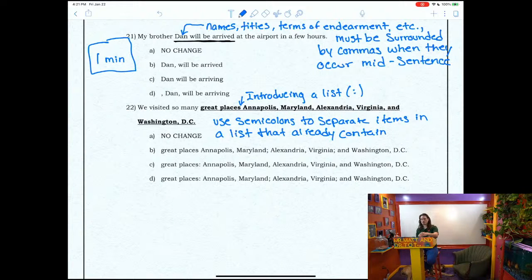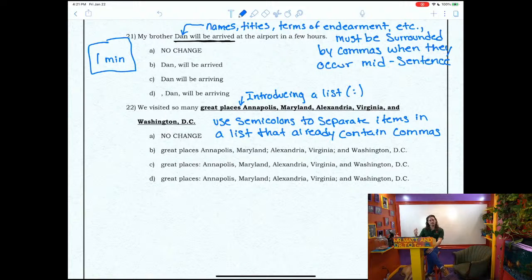Okay, so for number 21, "My brother Dan will be arrived at the airport in a few hours." A few things here. First of all, whenever we have a name, title, or term of endearment occurring mid-sentence, that's called an appositive phrase, and it needs to be separated. It's under the umbrella of a parenthetical, which is extra information.